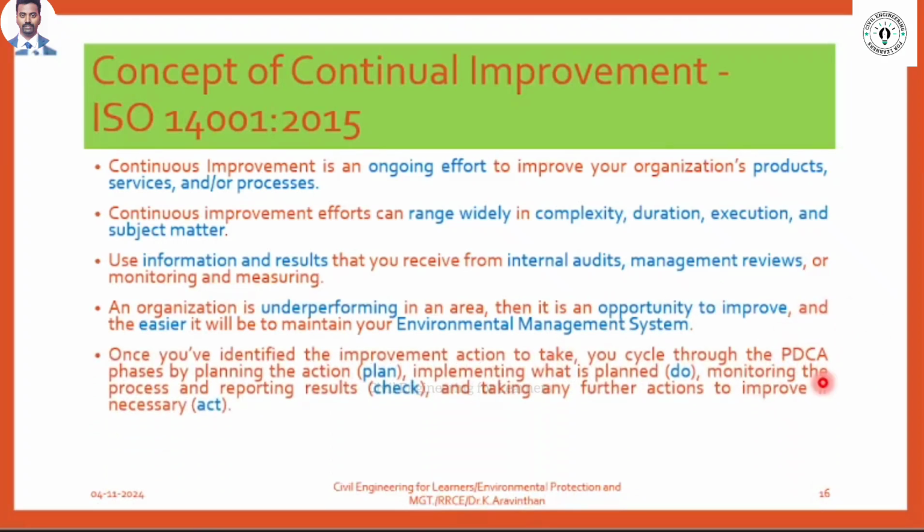What do you mean by that? Plan, do, check, act. If you are following these four processes, make a new improvement and that should come under a policy. So once you have identified the improvement parameter, if an organization has to improve in waste reduction, where will you improve this? You will improve under planning.